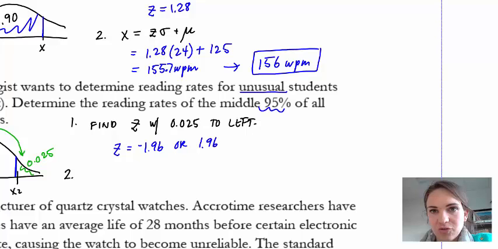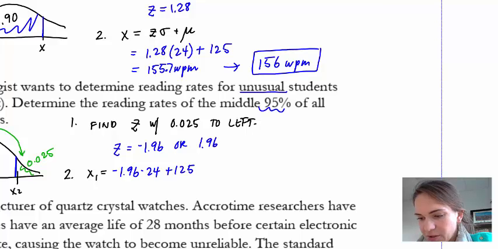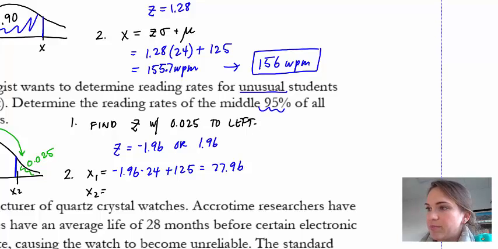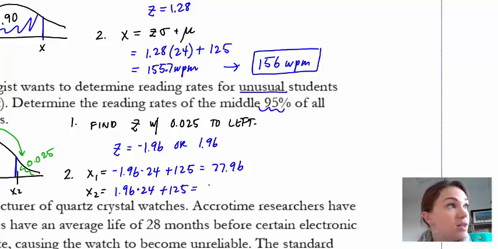So now we need to convert those z values to x values. x1 will be z1, negative 1.96, times the standard deviation of 24 plus the mean of 125. That value is 77.96. And x2, the second cutoff value, will be the positive version, 1.96 times 24 plus 125, which is 172.04 words per minute.